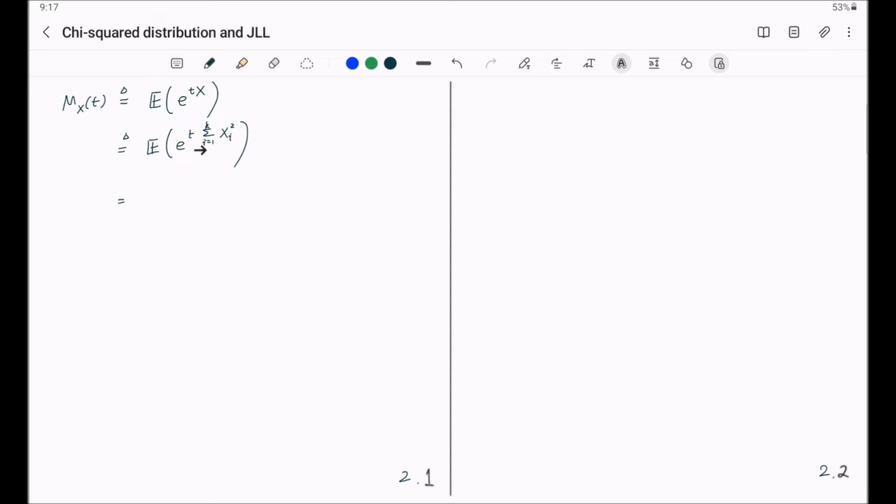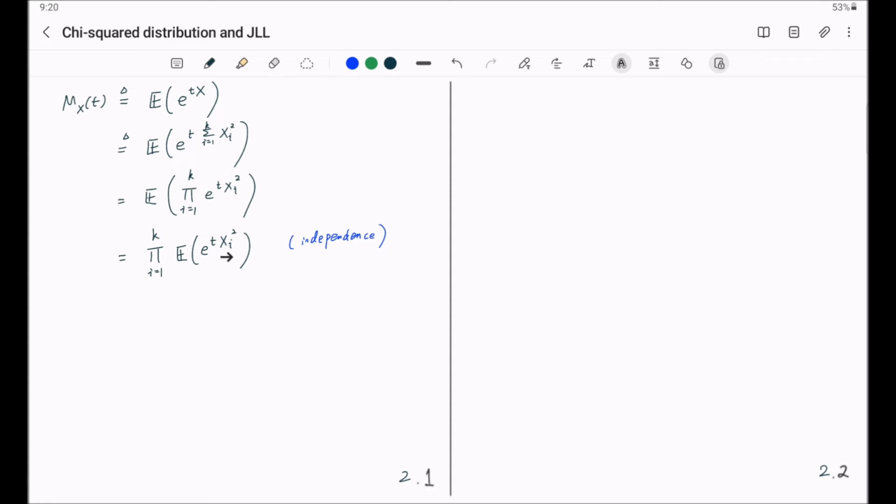And now, because of the property of the exponential function, we're going to write this as a product. Because X_i's are independent, so are e raised to the power t times X_i squared. Because they are independent, we can pull out this product. Remember, the expectation of the product of independent random variables is equal to the product of the expectations of those random variables.